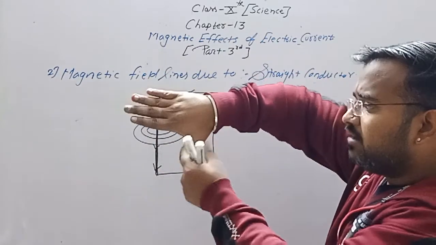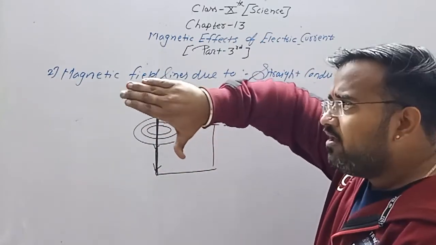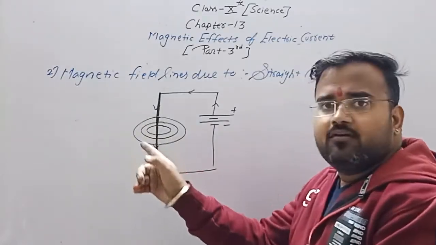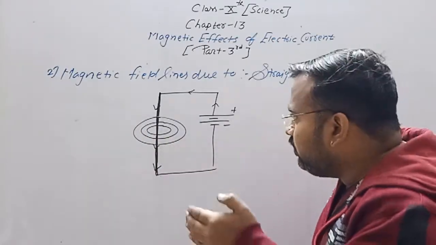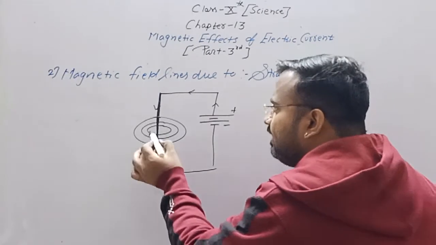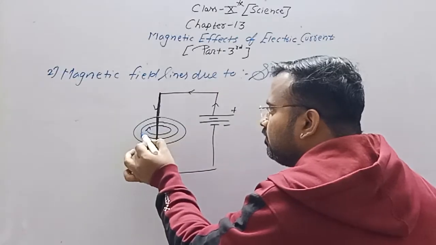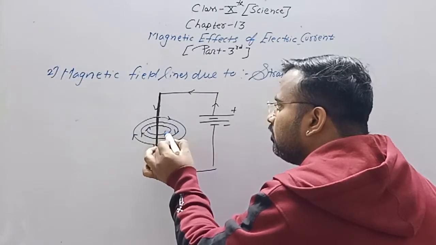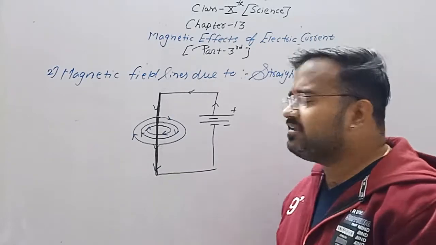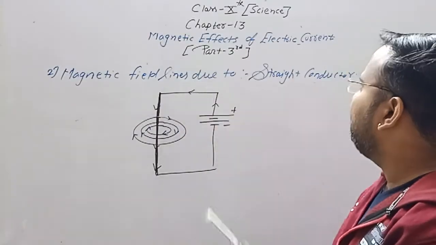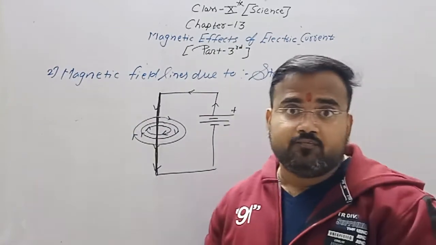See, my thumb is in the downward direction, so my fingers will encircle toward the inner side of the board. So on this side, I can draw the direction of the magnetic field line like this. So in this direction, the magnetic field lines would occur. So these are the magnetic field lines due to a straight conductor.